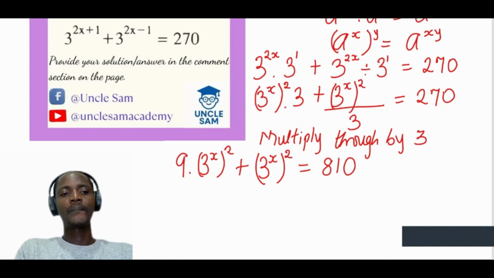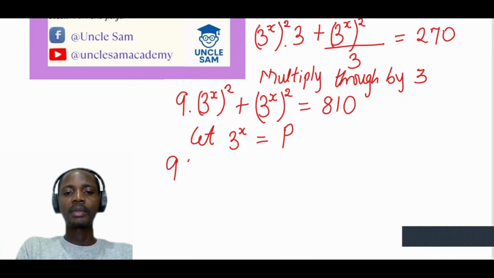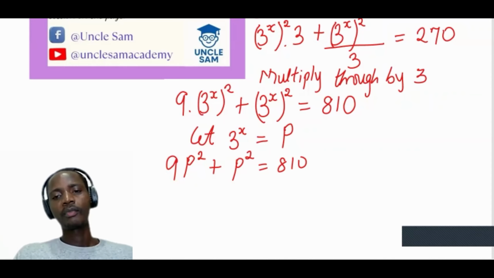So at this point, I can say let 3 to the power of x equal, let's use a variable, let's say p, for example. So you see, this becomes 9p to the second power plus p to the second power equals 810. Now it has become simpler.